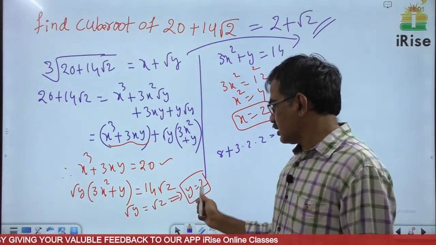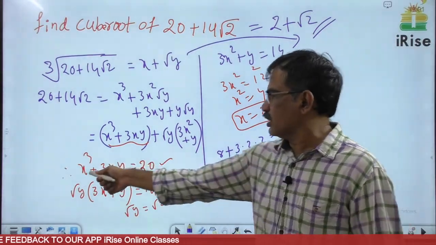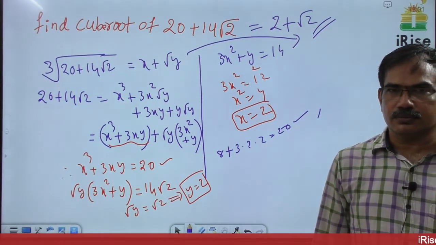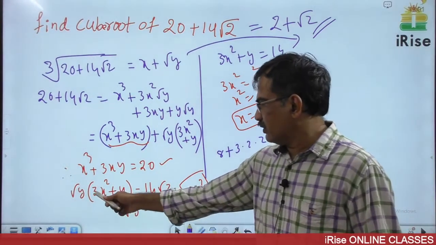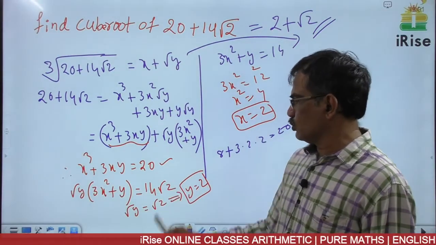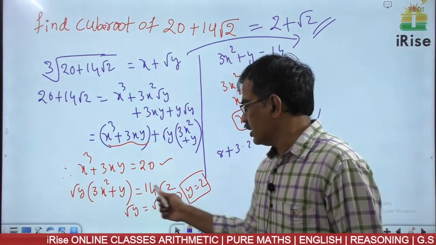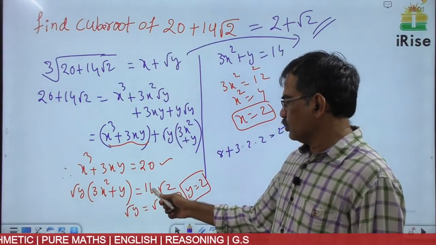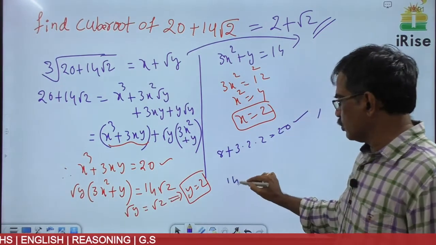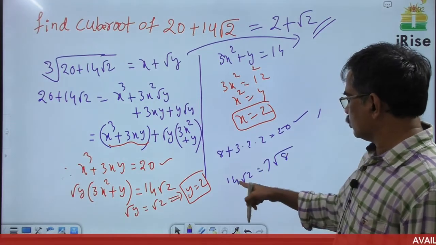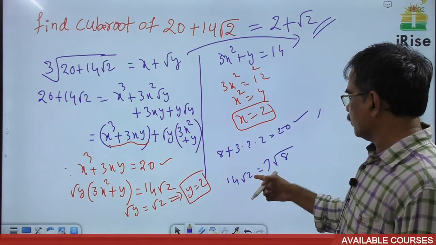If this is not satisfied, if the x and y values are not satisfied here, then what do we have to do? If y is equal to 2 and x is equal to 2 are not satisfied, then again you have to compare. For example, 14 root 2 can be written as 7 into root 8, since 2 is transferred into the root and becomes 4 into 2, 8.